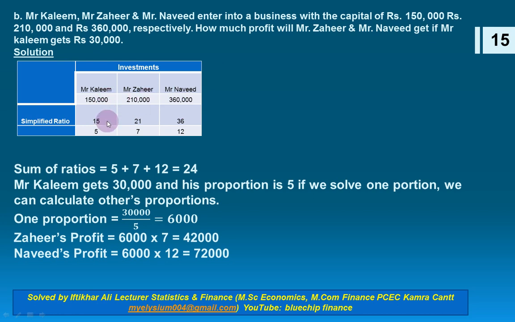As you are seeing here that 15, 21, 36, it can be further reduced with the table of 3. Table of 3 will go to all these three values. 3 5s are 15, 3 7s are 21 and 3 12s are 36.